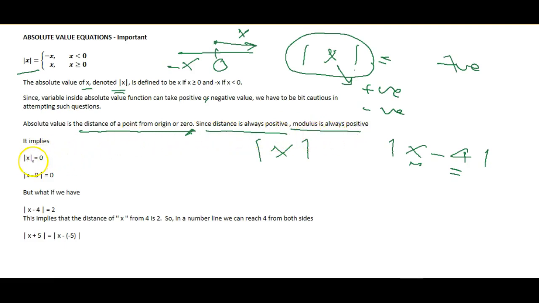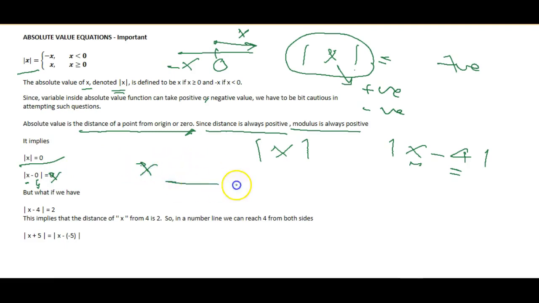So I can also write this as modulus of x minus 0, which implies that the distance of point x from the origin is basically equal to x. Actually, this should be x, this is not 0, this is x. So the distance of point x from the origin is x.